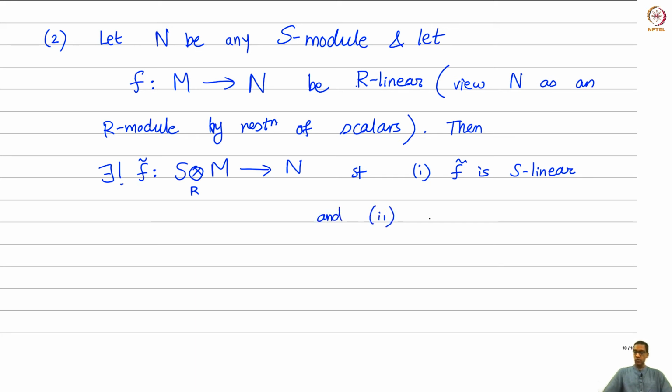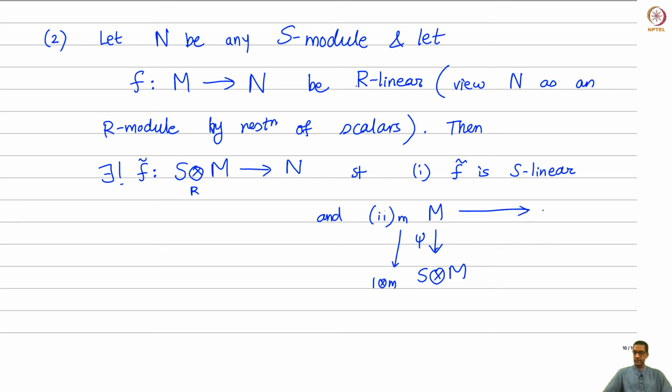And what diagram commutes? M going to S tensor M. Recall we had this standard map that we called psi, which took every element m to 1 tensor m.